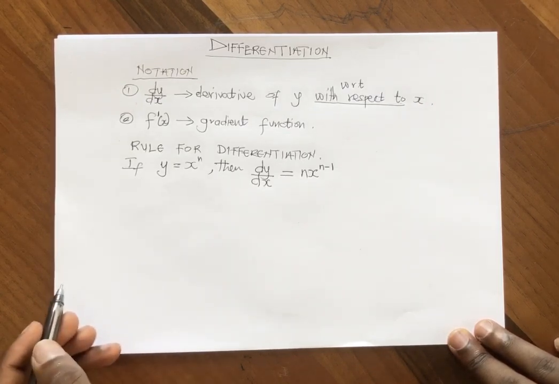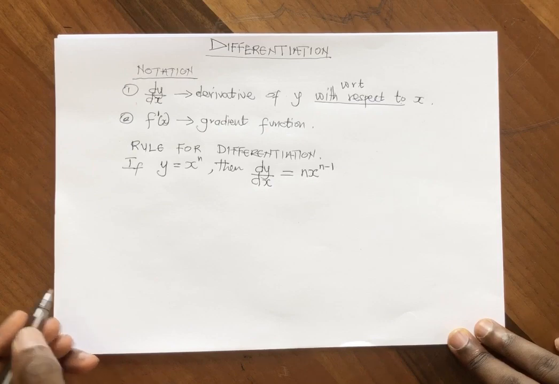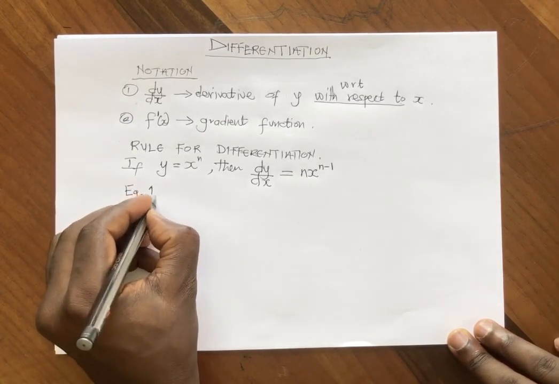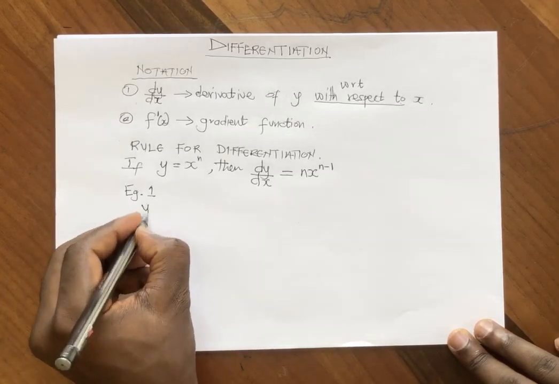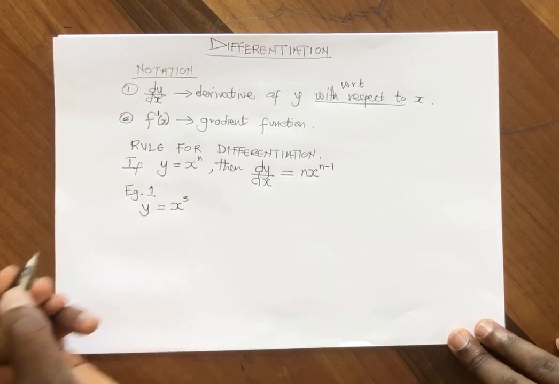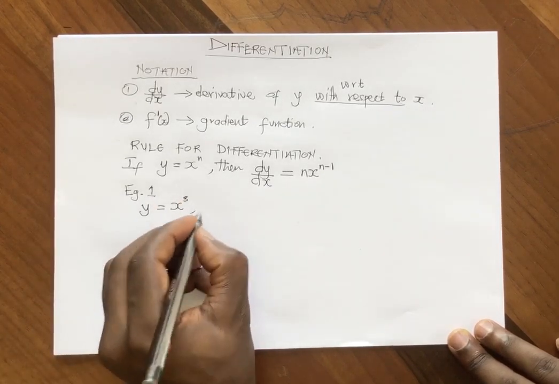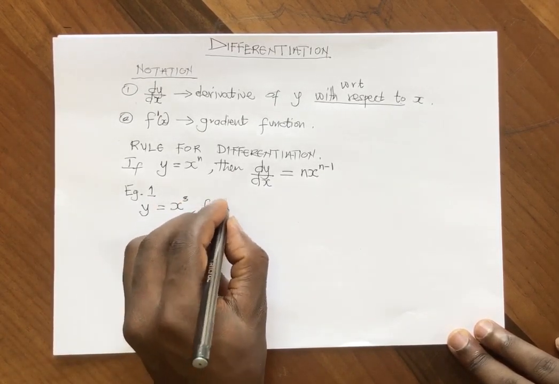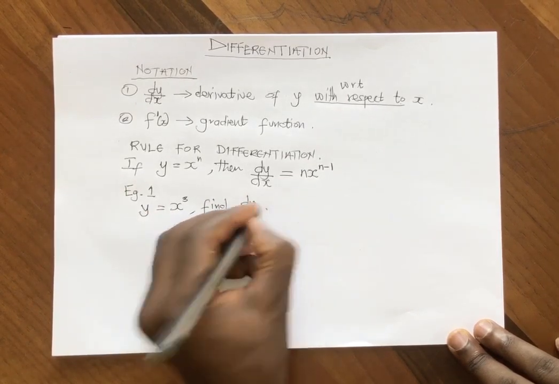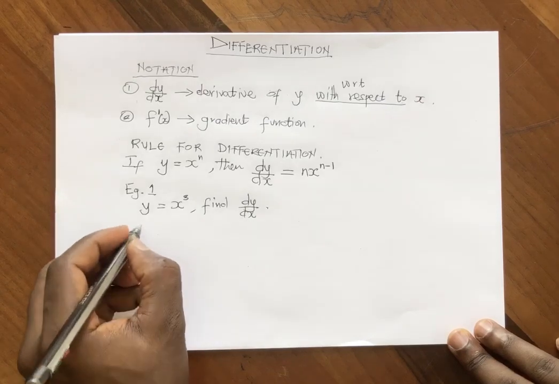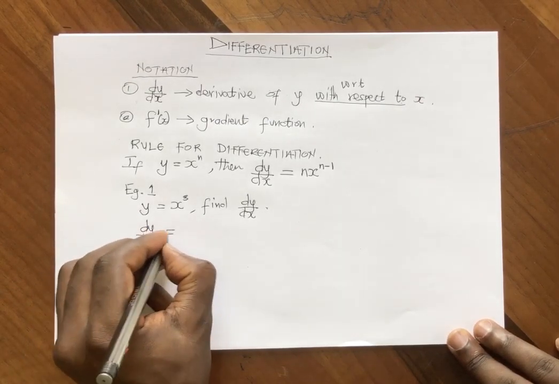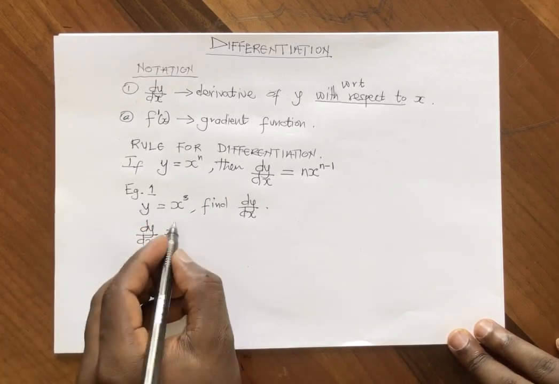So let's practice some examples. Example 1: given that y is equal to x cubed, find dy dx. So you write dy dx is equal to, we said let the power come down.